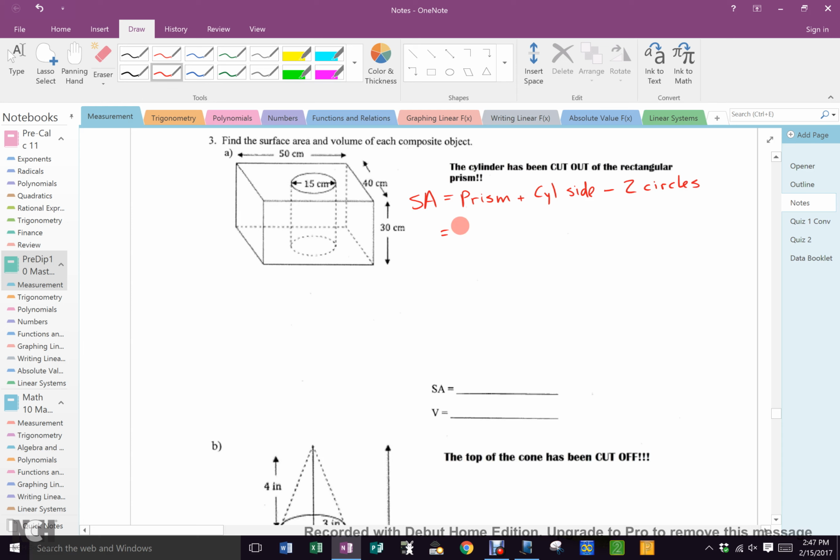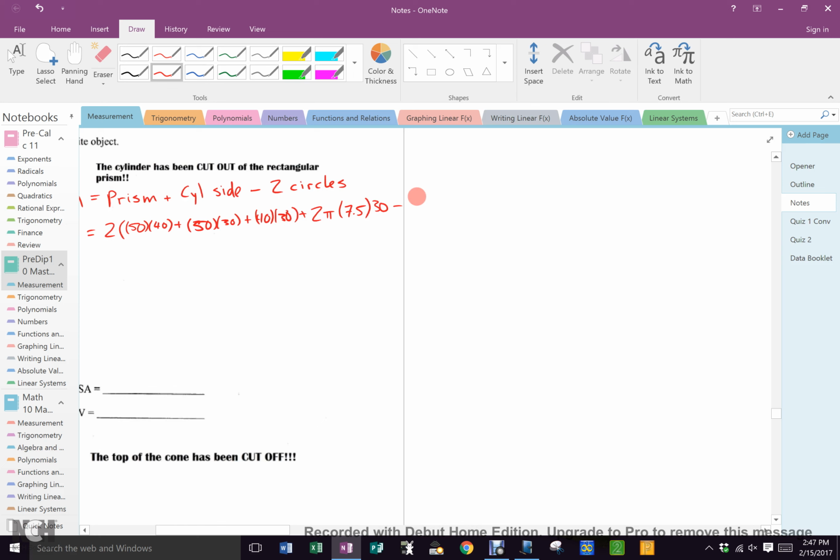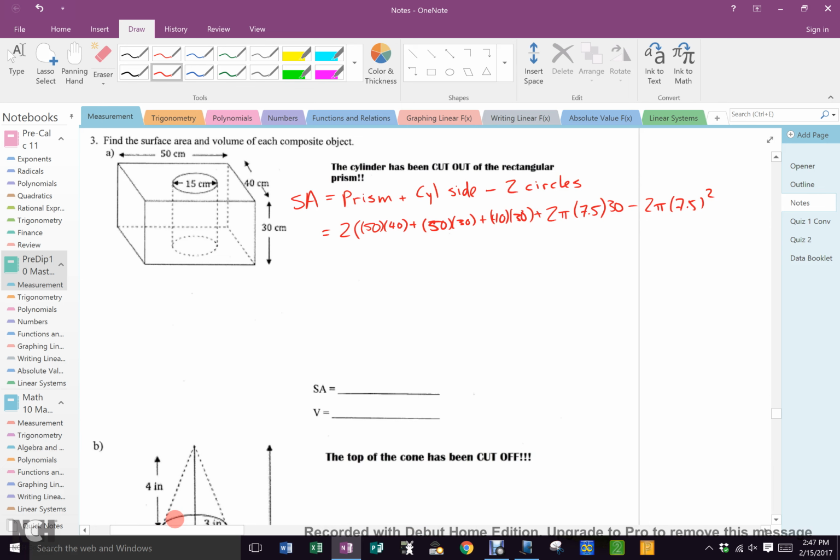So the prism is 2, and then I just follow the formula. 50 times 40 plus 50 times 30 plus 40 times 30, plus the side of the cylinder is 2 pi r, 7.5, h 30, and then, sorry guys, and then minus 2 circles, 2 pi 7.5 squared, and you can just punch all that into your calculator.